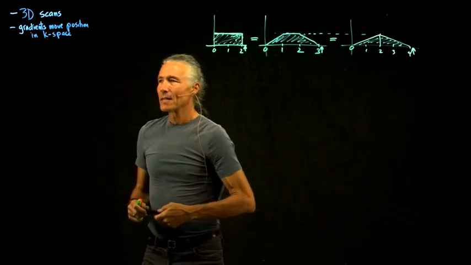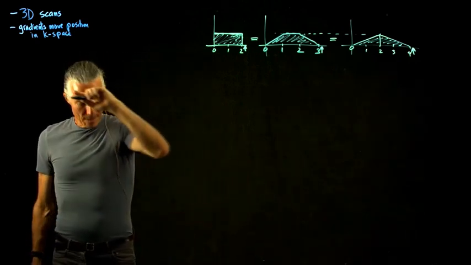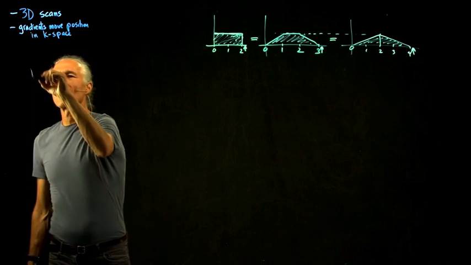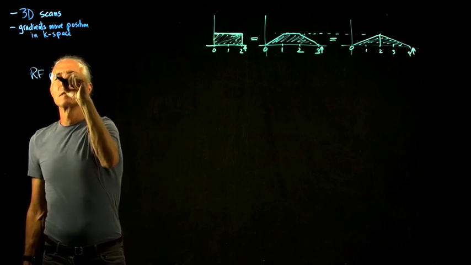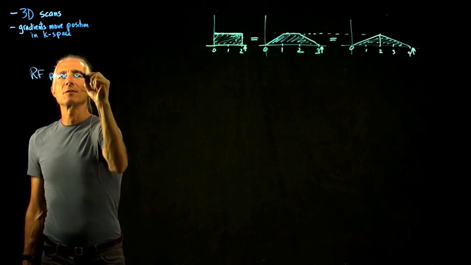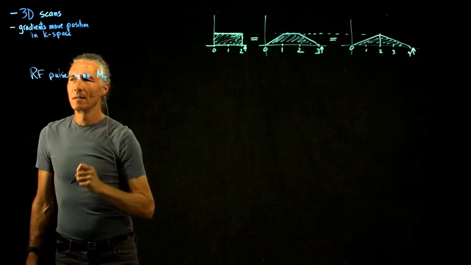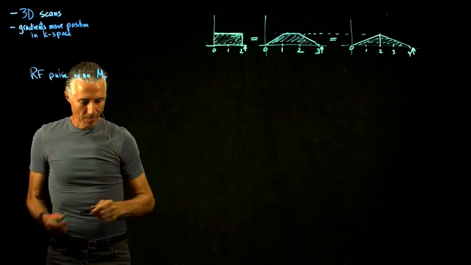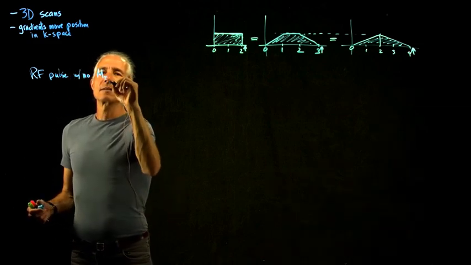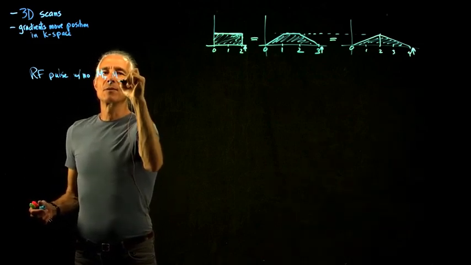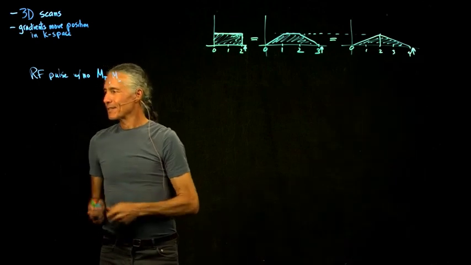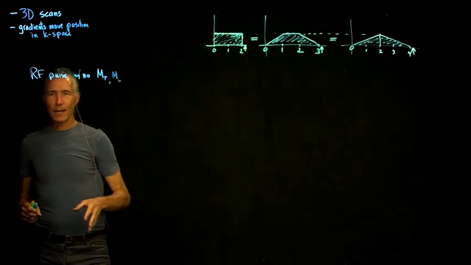But if you have the first situation, RF pulse with no MT, and just for safety, we'll have no longitudinal magnetization. So basically, you've let everything decay.